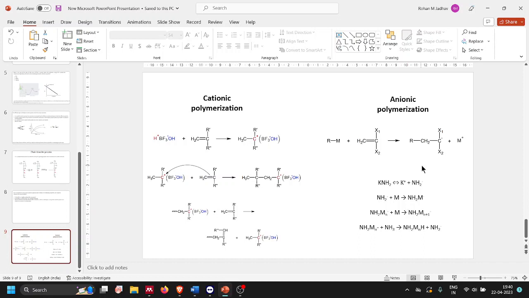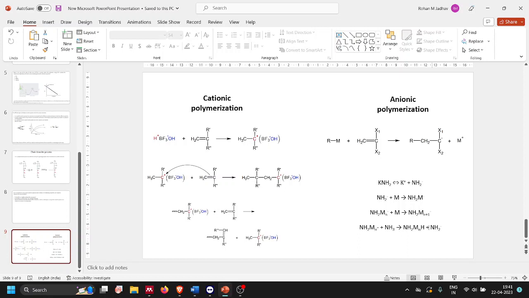And during the propagation step, all the monomers are completely consumed. So as the anionic polymerization proceeds further, all the anions which are attaching onto the monomers in the first stage consume the entire monomer and make them undergo polymerization process.